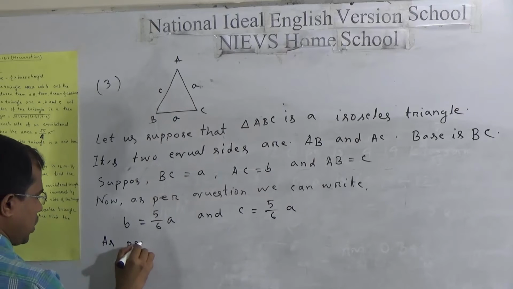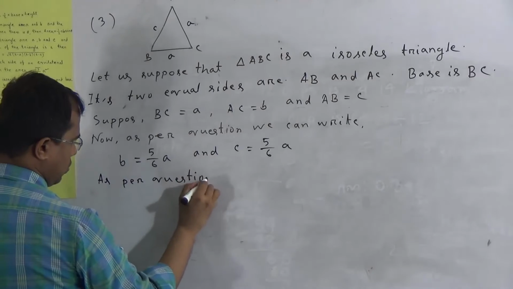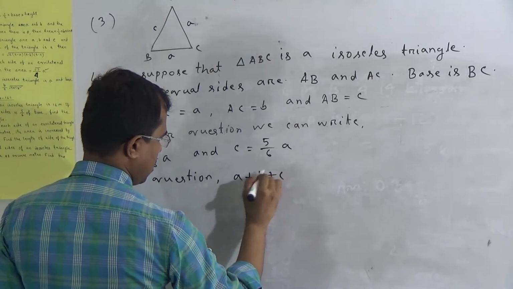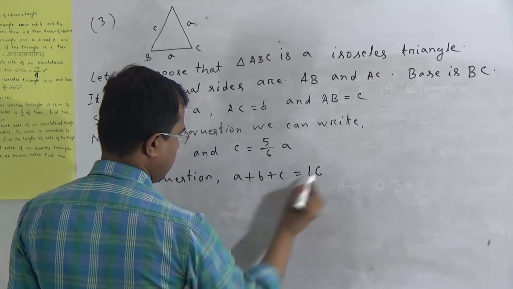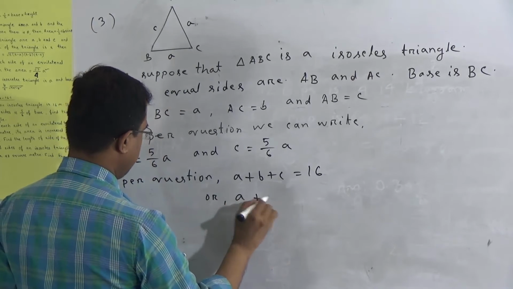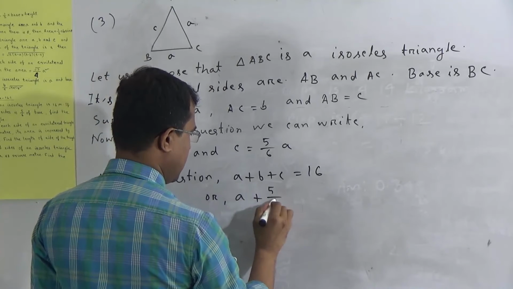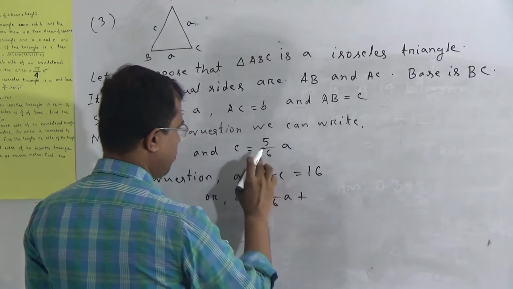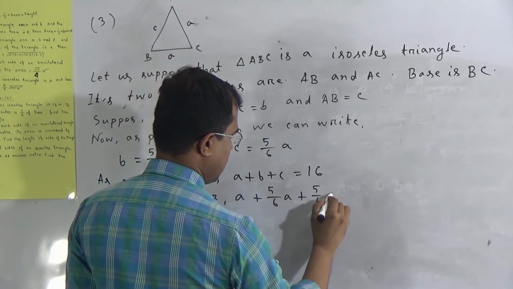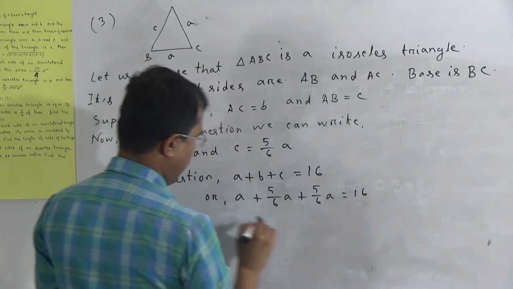As per question, A plus B plus C is equal to 16, where the value of B is 5 by 6 of A, and the value of C is also 5 by 6 of A. So A plus 5 by 6 A plus 5 by 6 A is equal to 16.